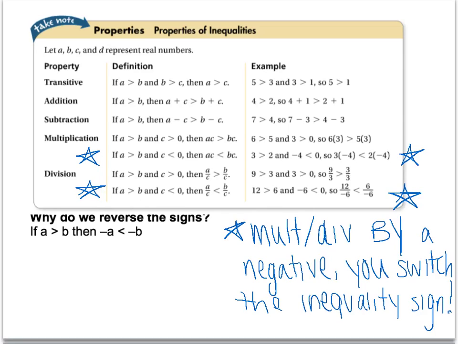That is like number one big rule that you need to remember for solving inequalities. There's a poster right up there in the corner that actually has it on there too. Now, we were going to go through a proof of why that happens and why it makes sense to switch the sign. I think we're going to hold off on that for today, just so we can make sure we get through our notes, and we can come back to that tomorrow.